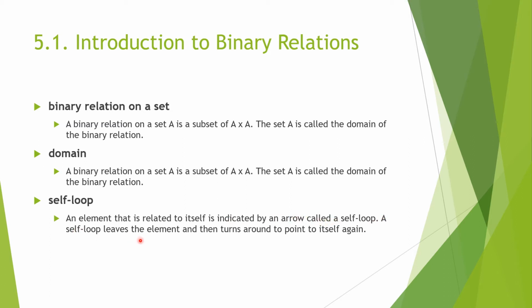So a self loop leaves the element and then turns around to point to itself again. So the start and end point of the arrow representing that relation would be the same element. That is called the self loop. In the next slide, we'll show you how self loops are represented in an arrow diagram.